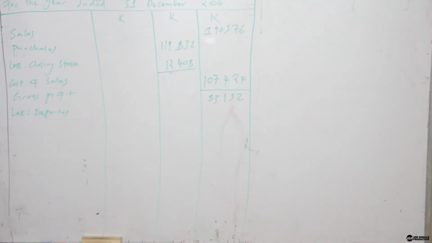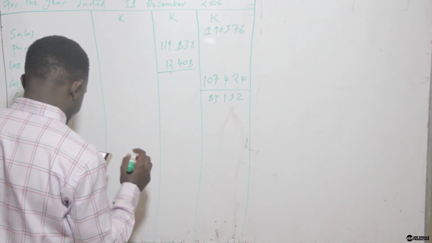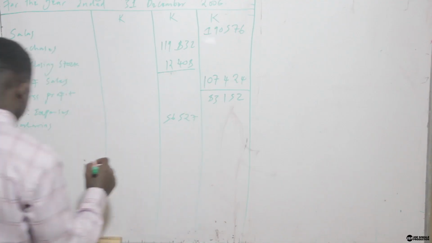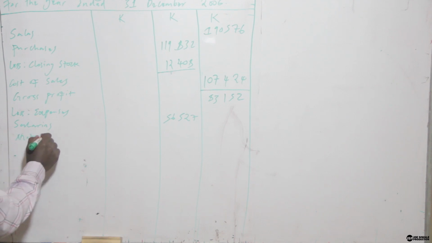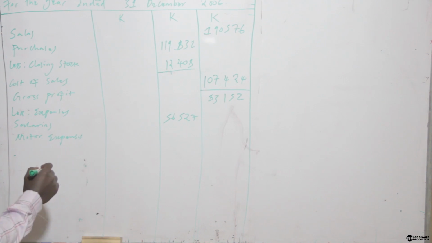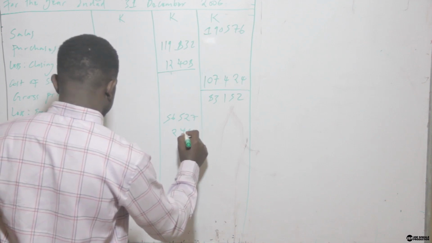And expenses here we have salaries. So say salaries. And salaries amounting to 56,527. Then motor expenses. So motor expenses amounting to 2,416.